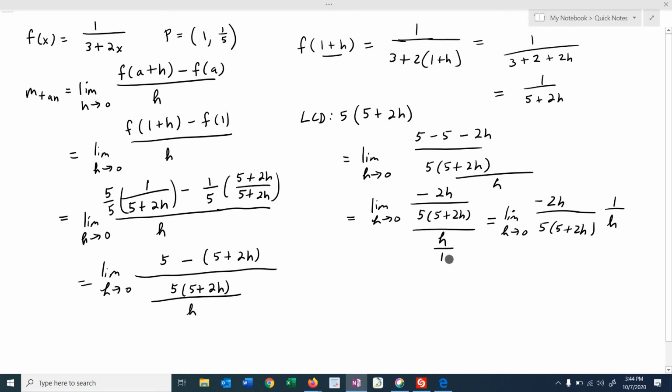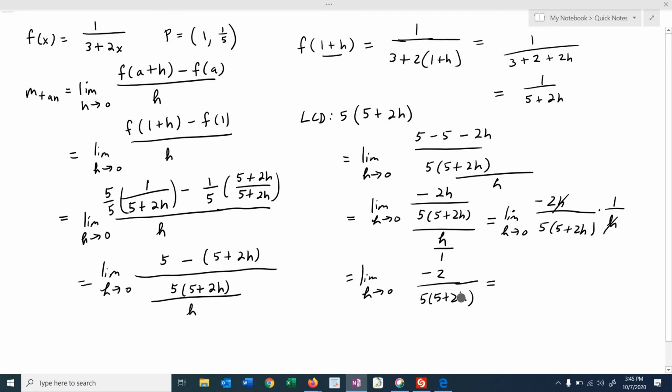So you can flip this, right, and make it 1 over h, and then you multiply by that. And then these h's will now cancel out. And then it becomes determinable. You're left with a minus 2 on top, and then this 5 times 5 plus 2h on the bottom.